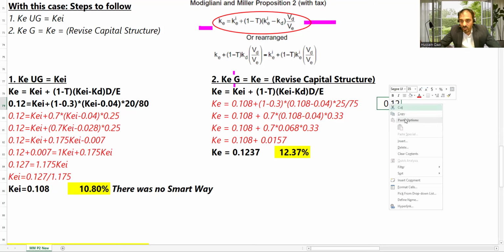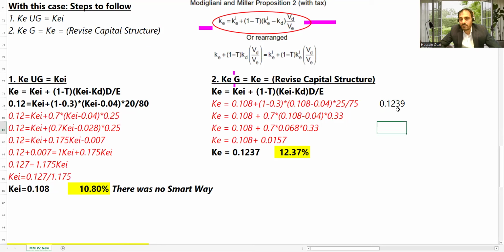That's directly the 0.1237. You can work it out directly.